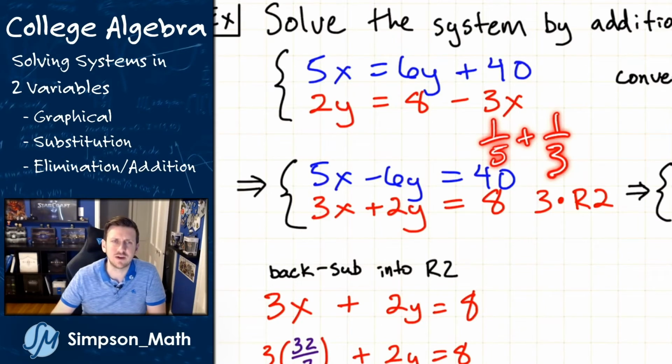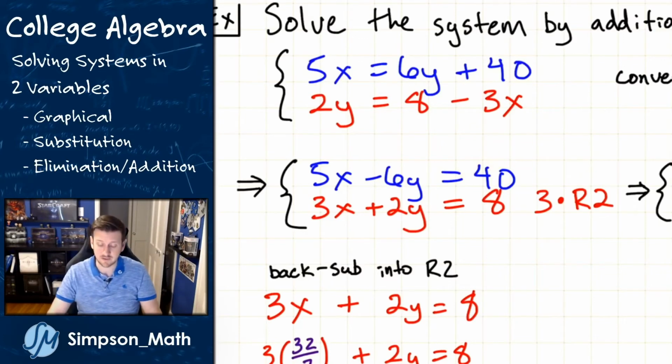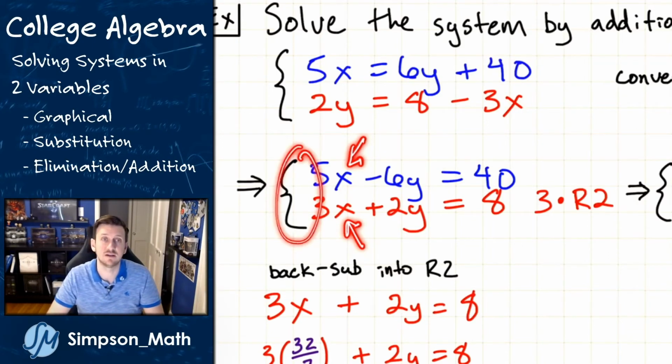What would I have to do to get a common denominator? I would multiply the 1/5 times 3 over 3, and the 1/3 times 5 over 5. I would do the same thing here: multiply the top equation by 3, the bottom equation by 5, and one of them would have to be negative because they're both positive right now. So it's doable, but not the easiest.